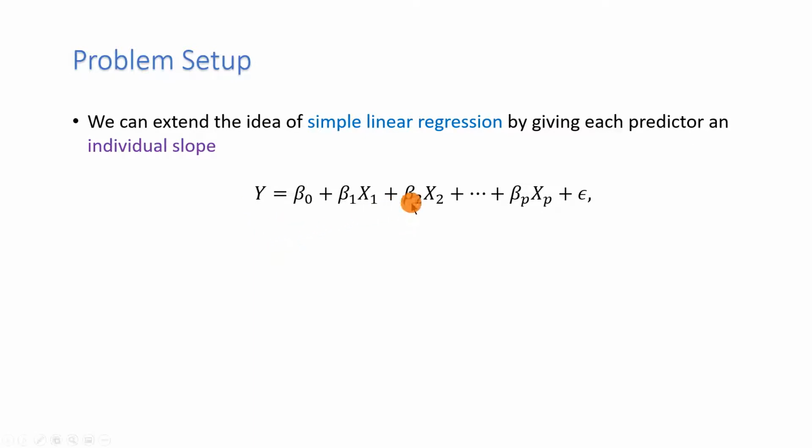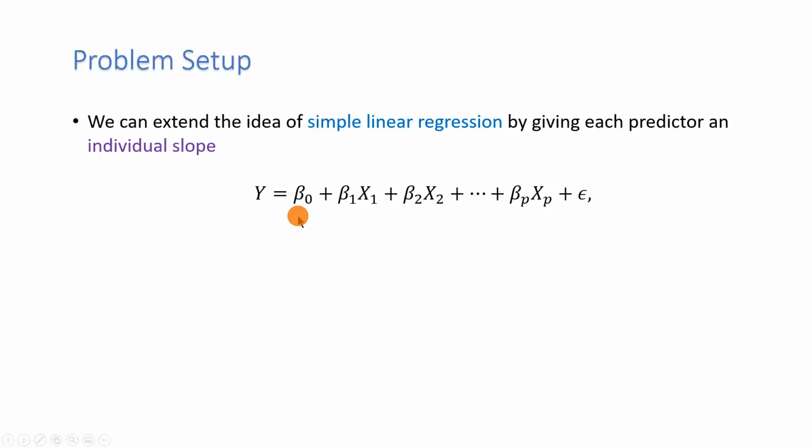Similar to the problem setup we used for simple linear regression, we can consider the following multivariate linear regression problem, right? We model y equals beta 0 plus beta 1 times x1 plus beta 2 times x2, until plus beta p times xp, plus epsilon.